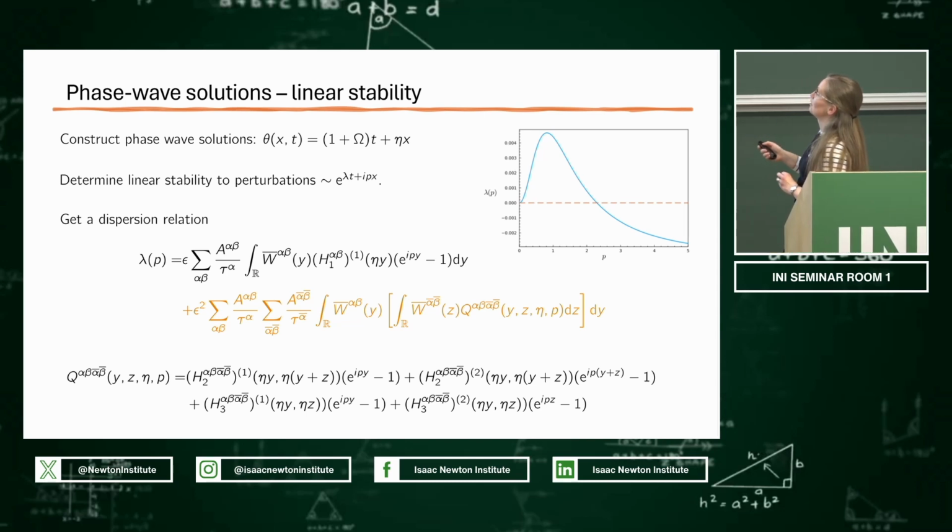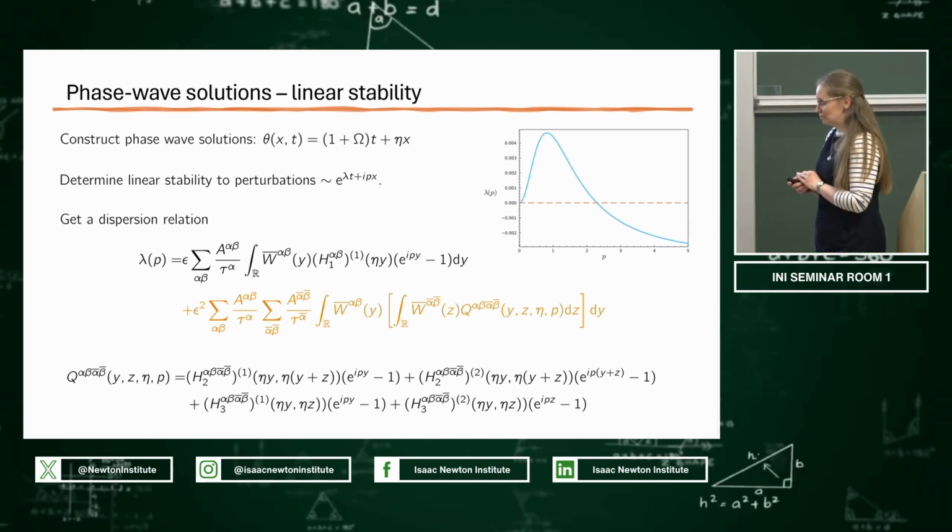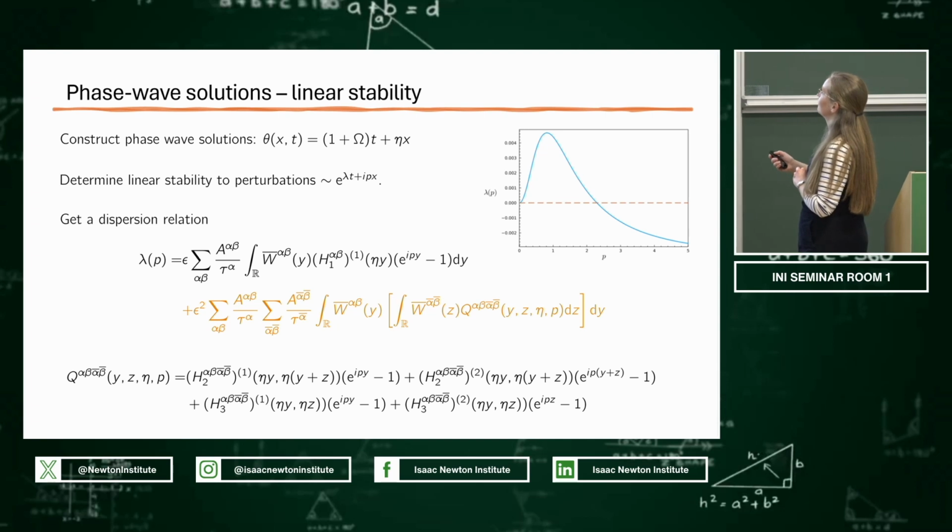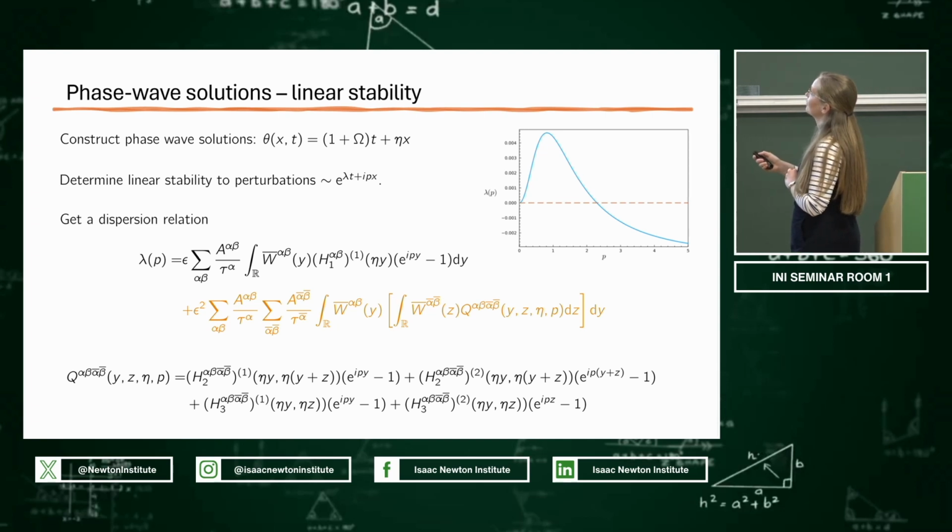If they look like this, that means that for this particular value of eta, the wave number of the pattern, and epsilon, the strength of the interactions, this particular pattern is unstable, because the real part of lambda is positive in some region.